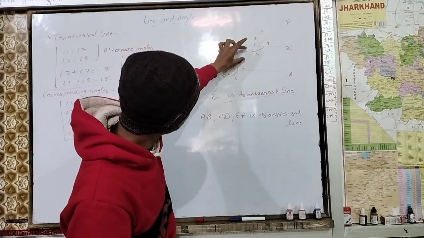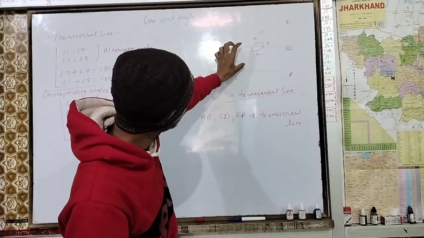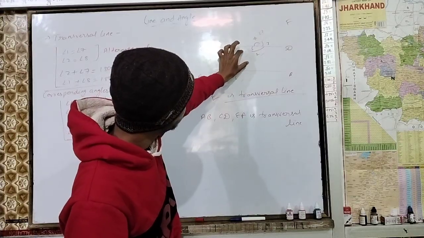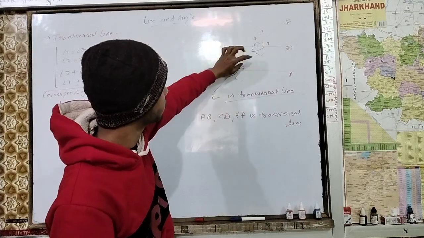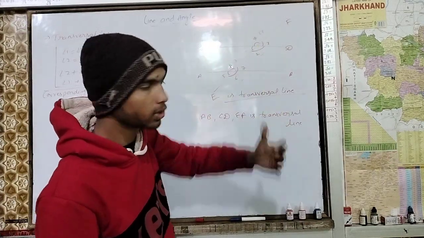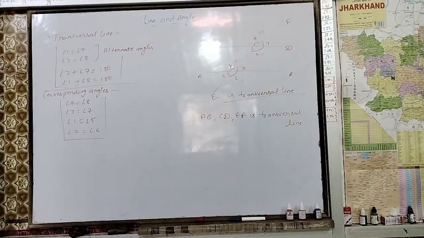Even we are observing, just take this part and this part. You will see that both parts look the same and this part will also be the same. We have seen corresponding angles and alternate angles.